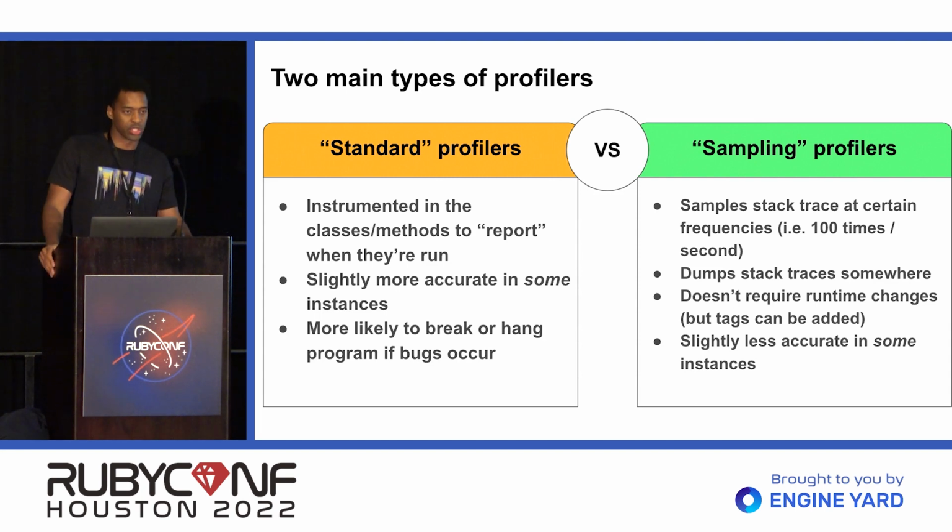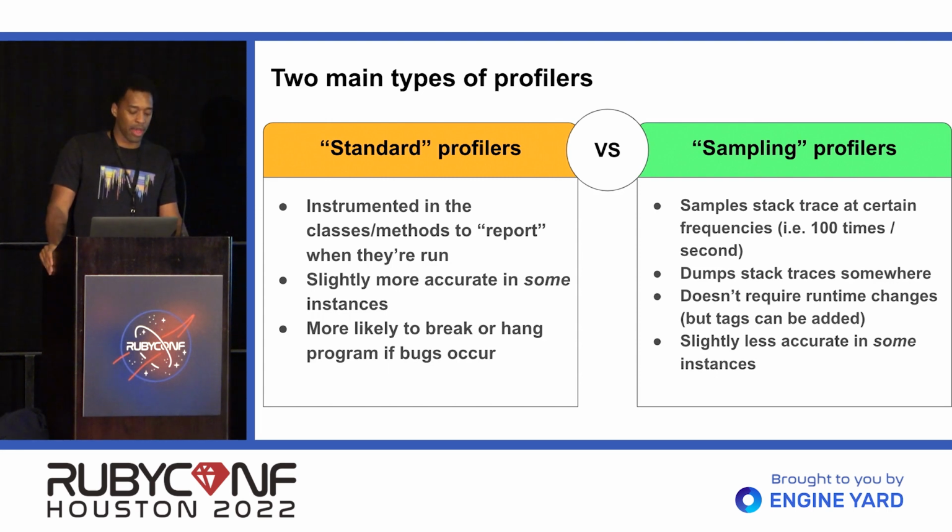You can think of those as like breakpoints that you would put at the beginning and the end of every function, and you would say this function started at this time, ended at this time, this function called this function, and so you have a breakdown that way. And so that's a very accurate way to get profiling data and to understand when applications are running and how they're running.